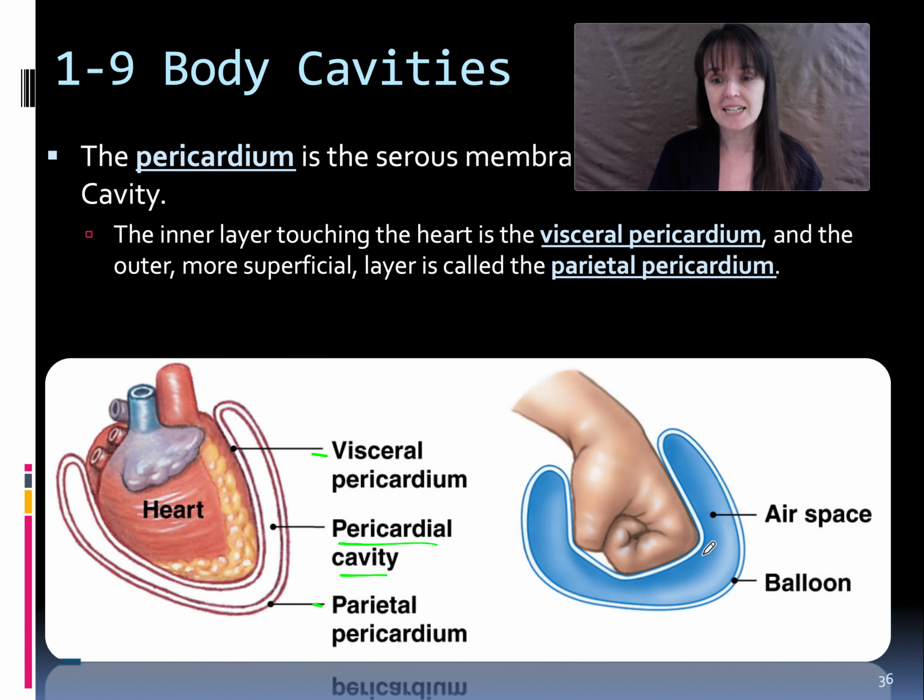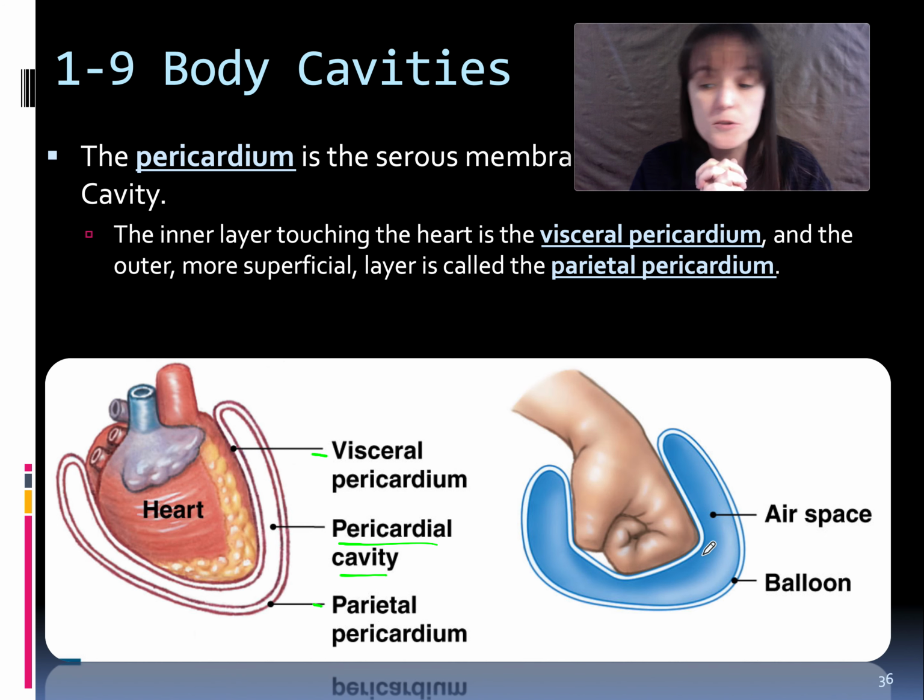And it's important that we not create friction with all this movement. What if something was moving 75 times a minute against another surface? It would create friction and heat, and then the heart would burn out the tissues around it.